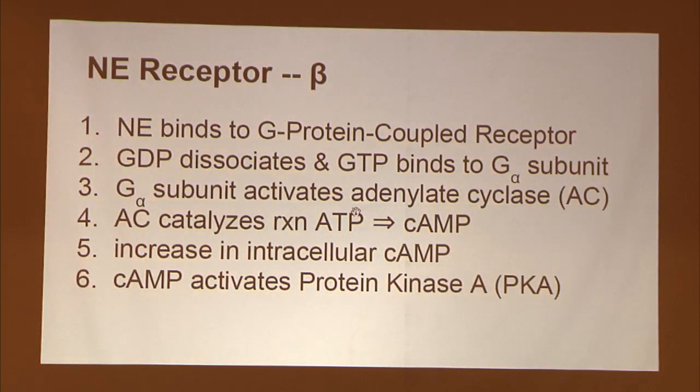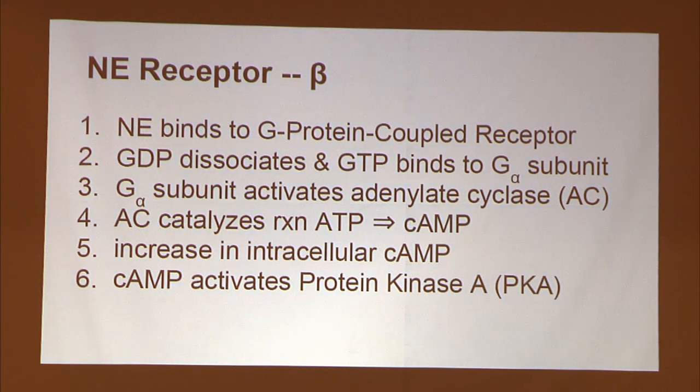But if we look at the beta receptors, so beta 1 and 2 are really similar. The difference is really where they're located. I think beta 1 is usually for the heart, but that's a little more information than you really need to know. So norepinephrine is going to bind to the G protein coupled receptor, which is still true. GDP dissociates, GTP binds.